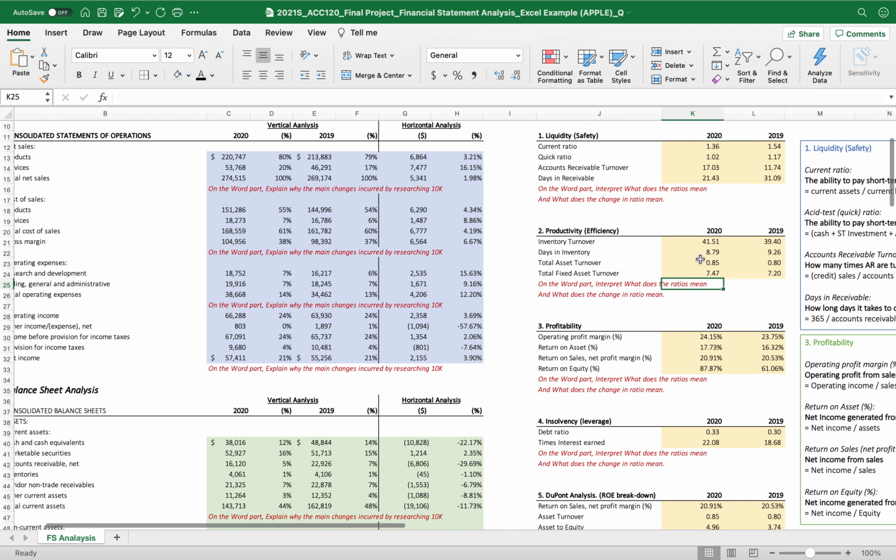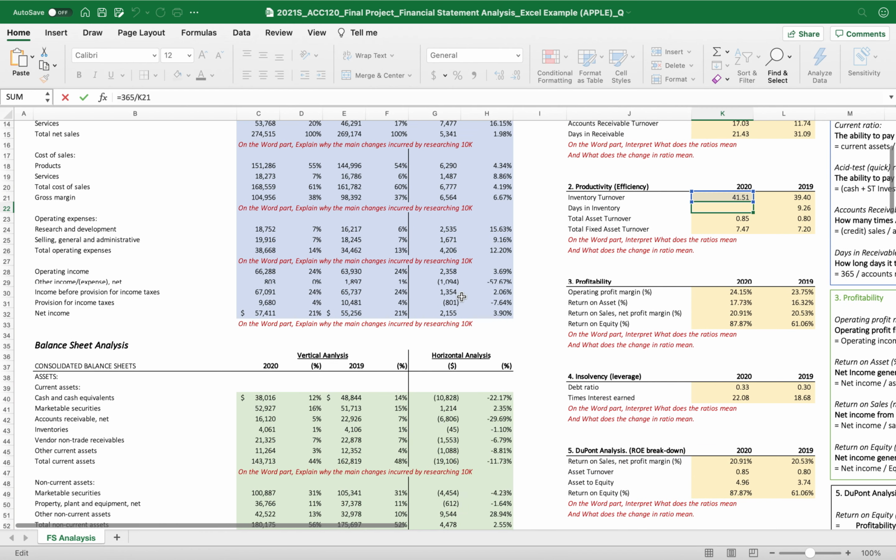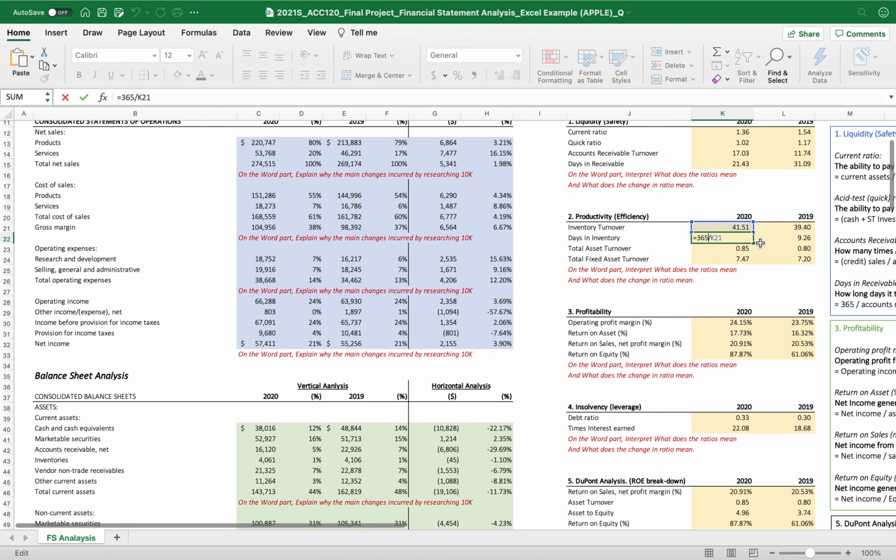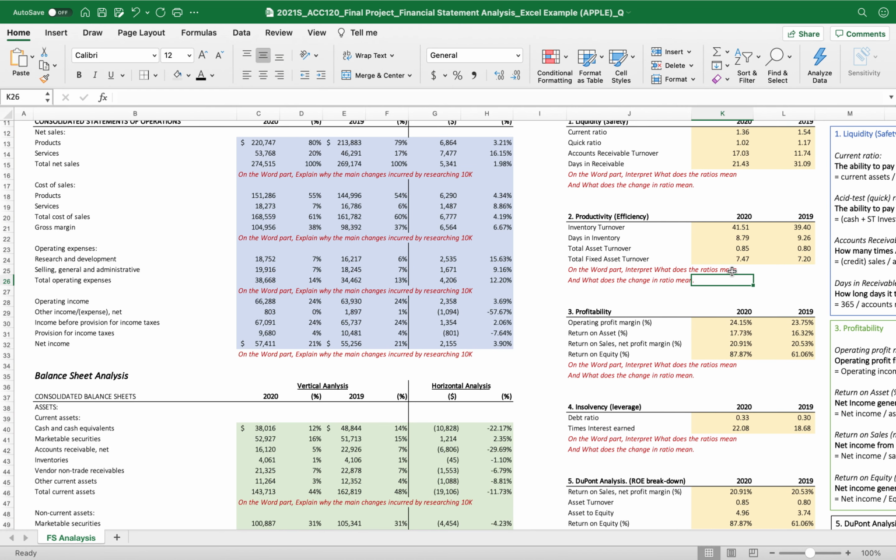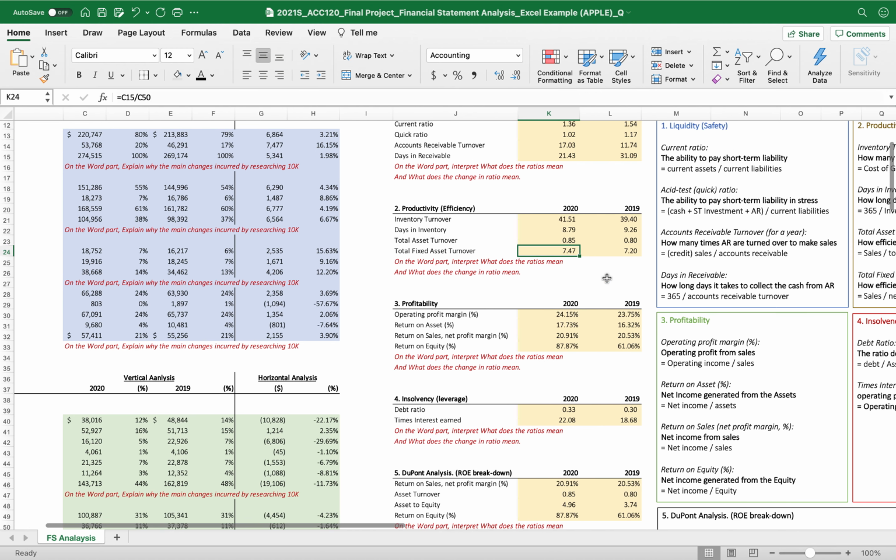Likewise, you can interpret it. And then the days in inventory, along with this inventory turnover, has been reduced, so the company has a very strong inventory cycle. And then for asset turnover and fixed asset turnover, you need to explain what that means.